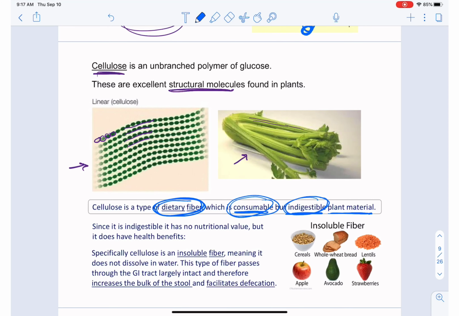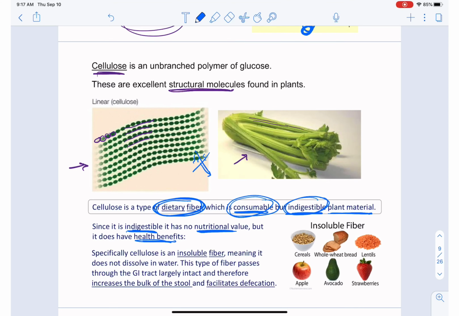Okay, so we can consume it, but we are not able to break off these individual glucose units and ship them into the blood. We just don't have the enzymes to do that. You have to be a ruminant like a cow or a goat with an extra chamber in the stomach to be able to do that. So because it's indigestible, there is no nutritional value from it. We're not getting any nutritional value from cellulose, but it does have health benefits associated with it.